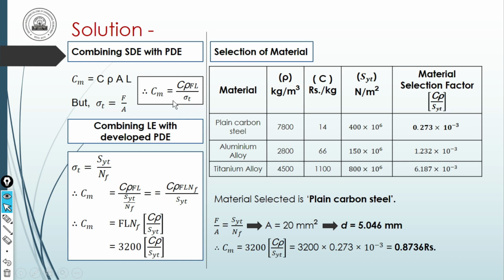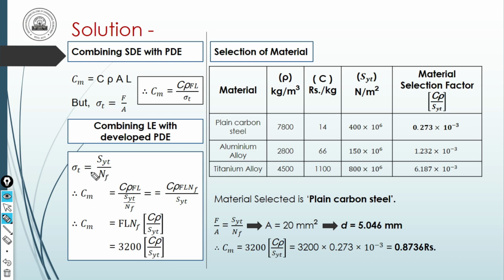Now if we observe this developed PDE, here we know that Cm, that is cost of material, is inversely proportional to this sigma T. That means to minimize this cost, this sigma T has to be max, correct? So to get maximum value of sigma T, we can write it now as sigma T is equal to yield strength upon factor of safety. So that is SYT upon NF, correct?